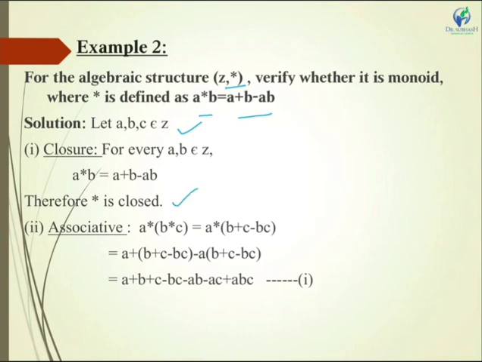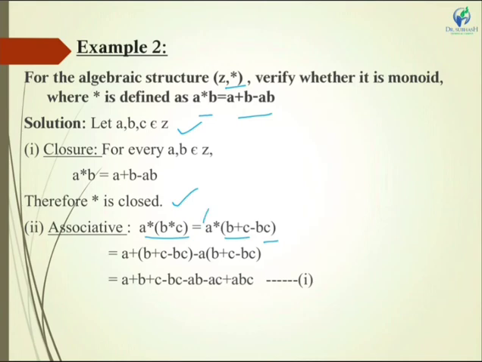Now next is associative. We have to prove both sides here, LHS and RHS. Now let me take one of the portions here, a * (b * c). First I will apply the operation on b * c. That is addition of two elements minus multiplication of two elements.